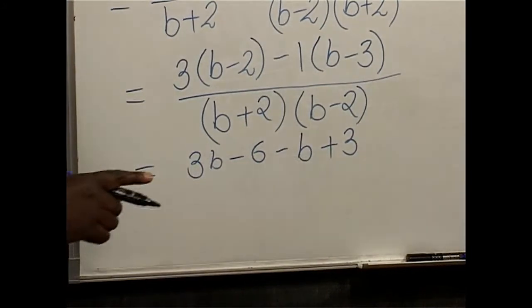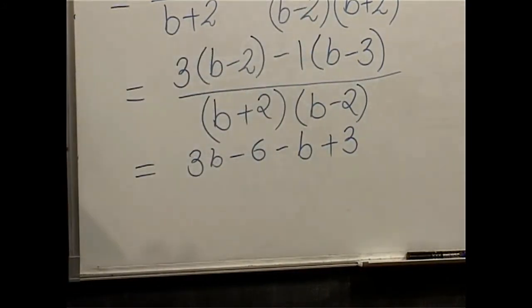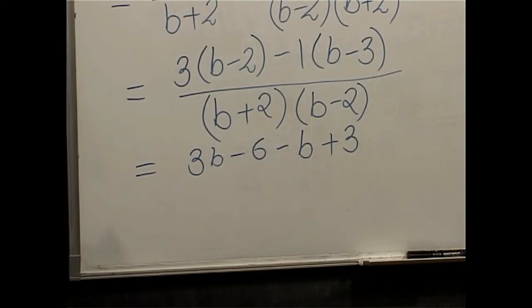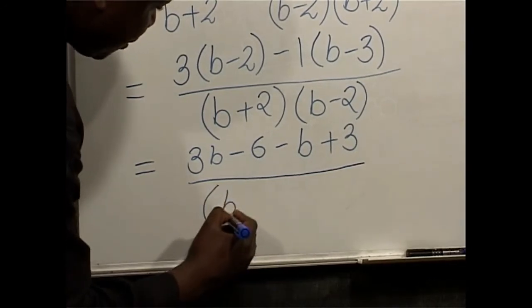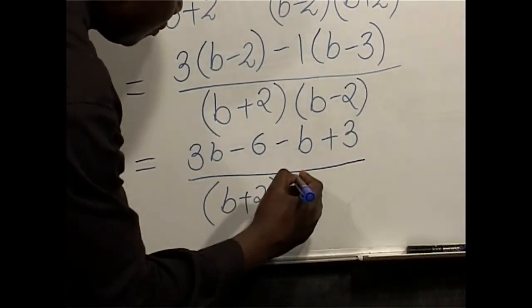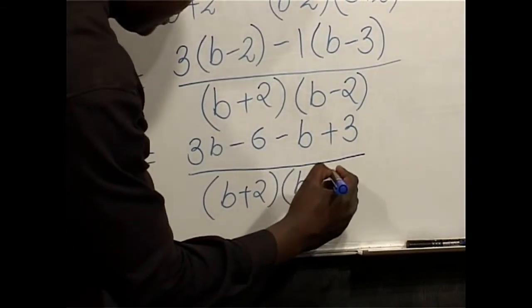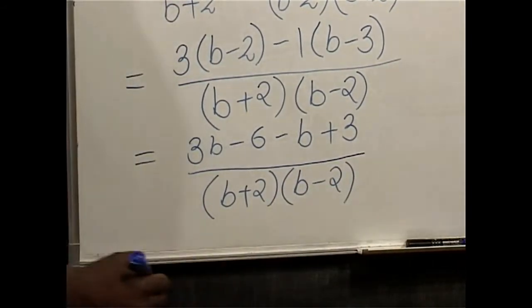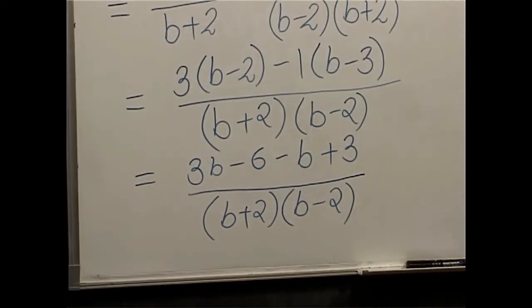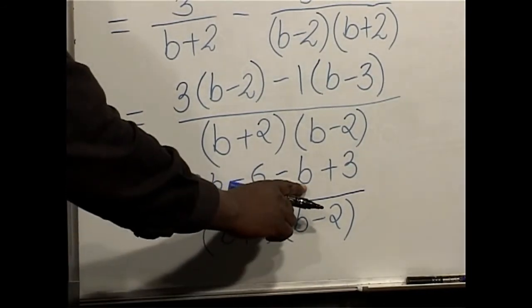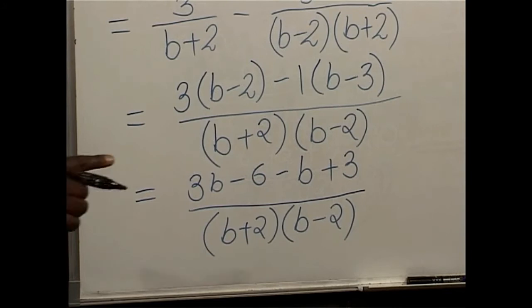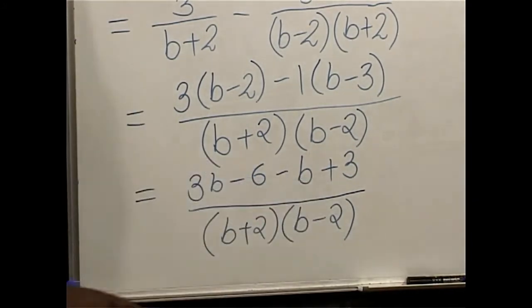Remember, when you multiply a negative and a negative, the result is going to be positive. The denominator to this numerator is, as agreed, b plus 2 multiplied by b minus 2. Then we look at our numerator, we are going to see that positive 3b and negative b are like terms. Similarly, negative 6 and positive 3 are also like terms. So we collect the like terms and simplify.